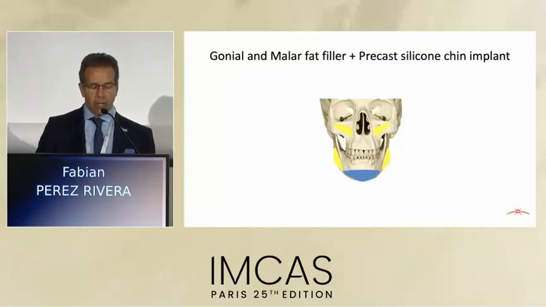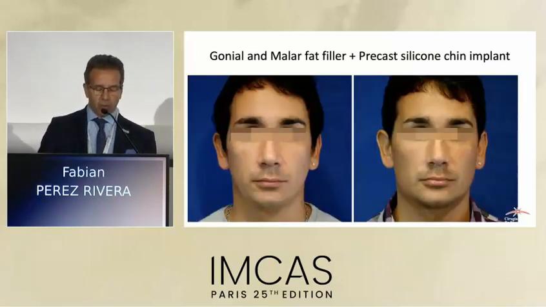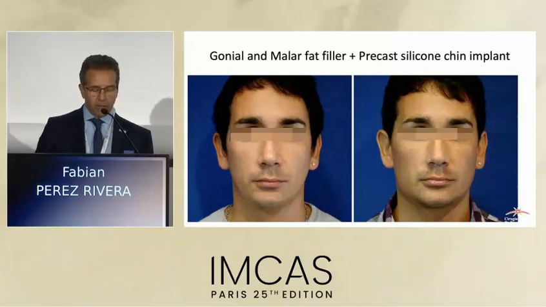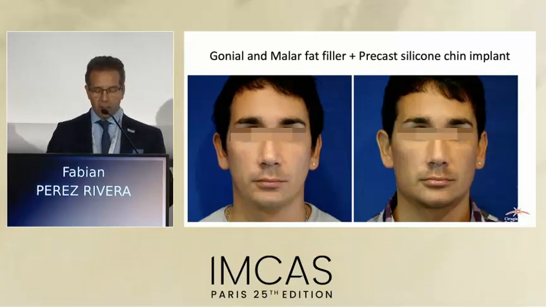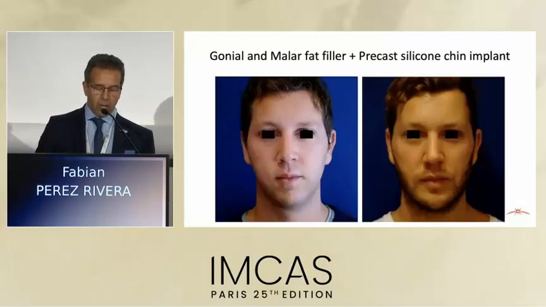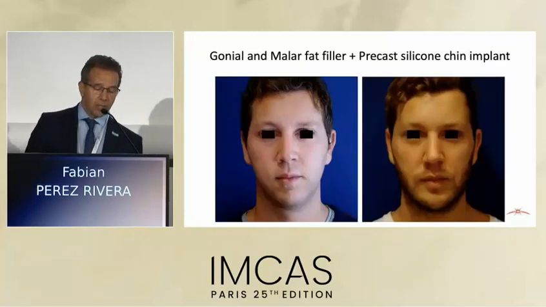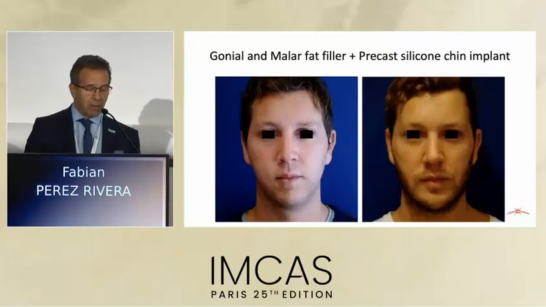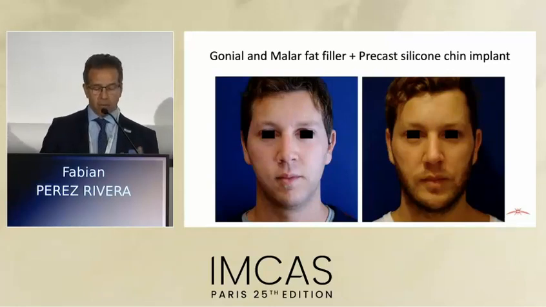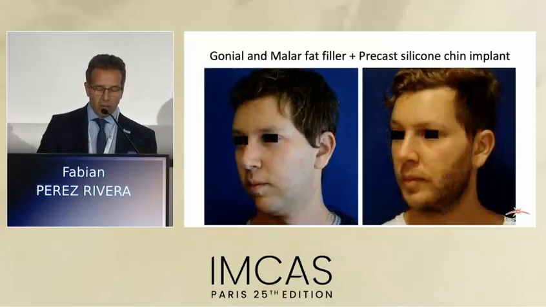We have not only the implant but at the same time fat filler on the malar area and the gonial area to make a wider mandible and more protrusion of the middle part of the face to improve the face of the male patient in the half profile view. And the boyfriend of this other patient asked me to make him again so handsome as his boyfriend. I performed the same procedure on him. And here is the result.